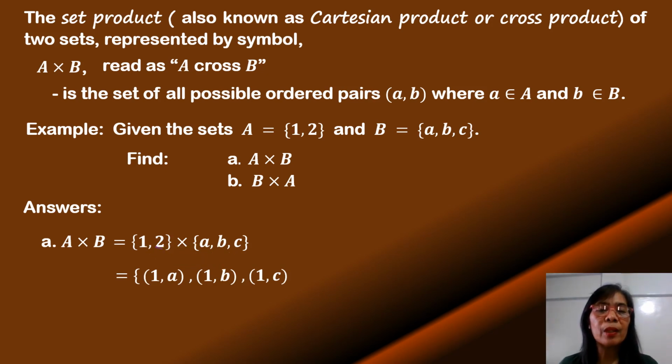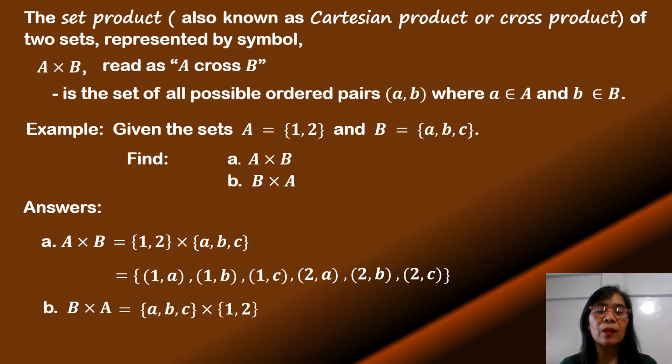Considering the second element in set A, we have 2a is another element in the set product, 2b, and 2c. So there are a total of 6 elements in the set product A cross B.